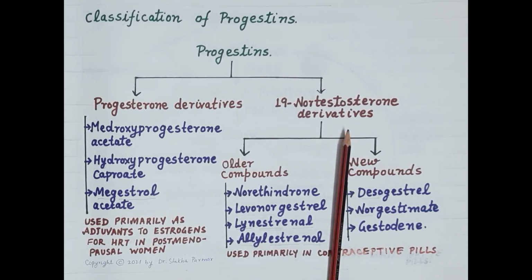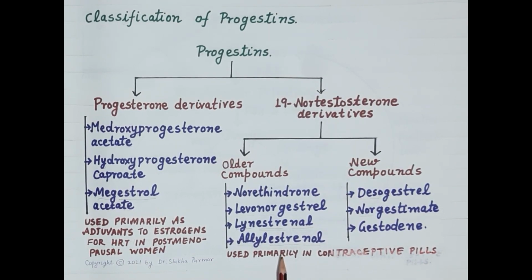19-nortestosterone derivatives are potent progestins. They exhibit potent anti-ovulatory action, and therefore they are used primarily in contraceptive pills, either alone or in combination with estrogen. Combined contraceptive pills, that is those containing estrogen and progesterone, are more efficacious. Older compounds also exhibit additional weak androgenic activity.